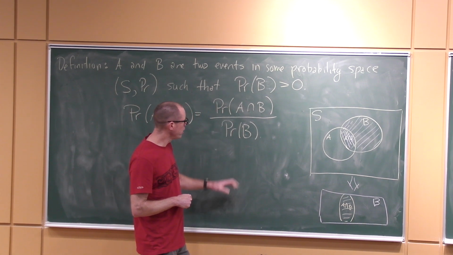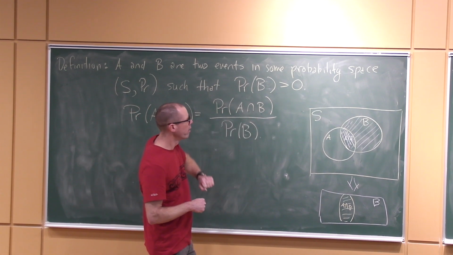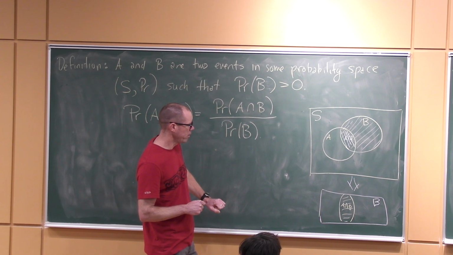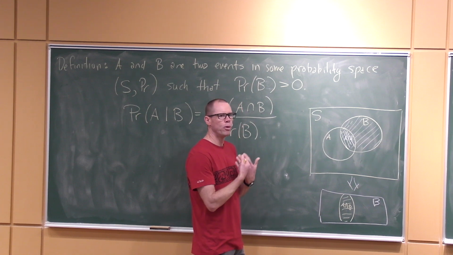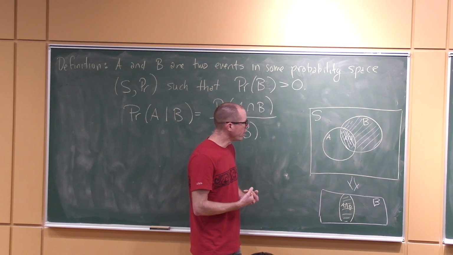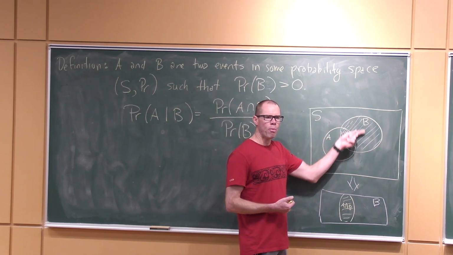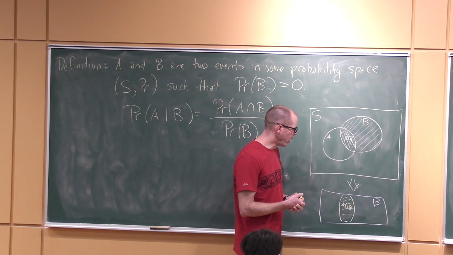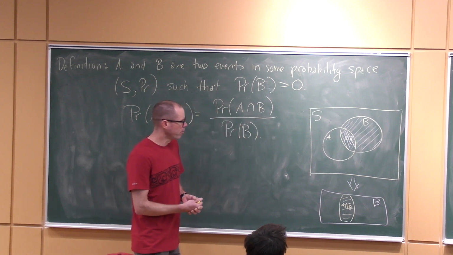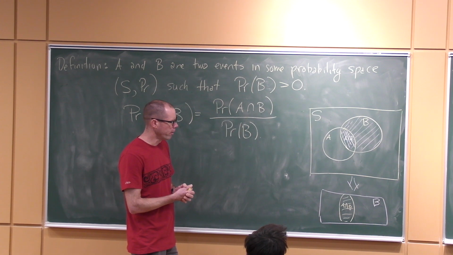Right, so the dividing by the probability of B here is because, remember, probabilities are supposed to sum up to 1, but if I sum up all the things in B, they don't sum up to 1, they just sum up to the probability of B, and so I divide by the probability of B so that they sum up to 1.